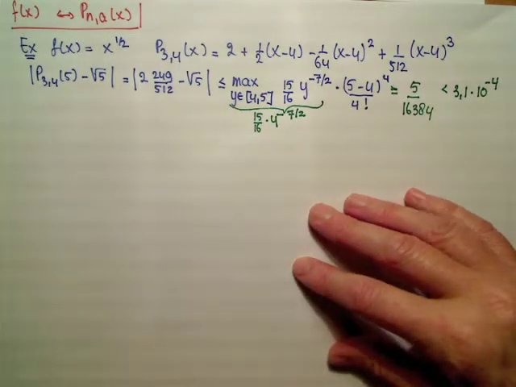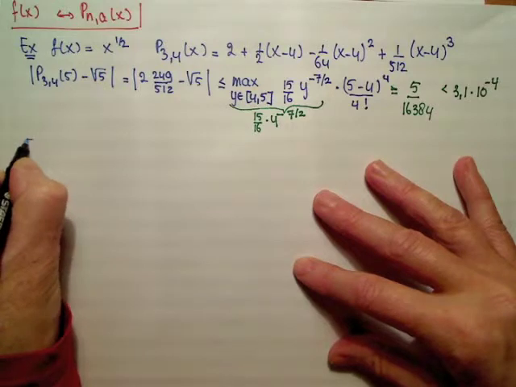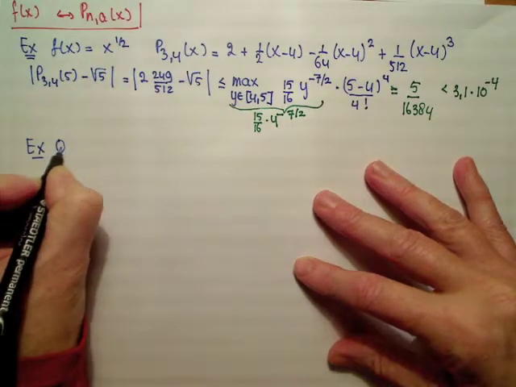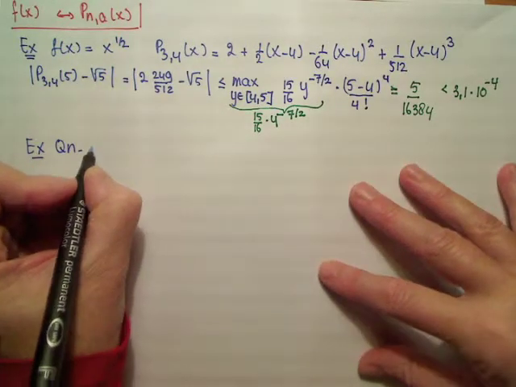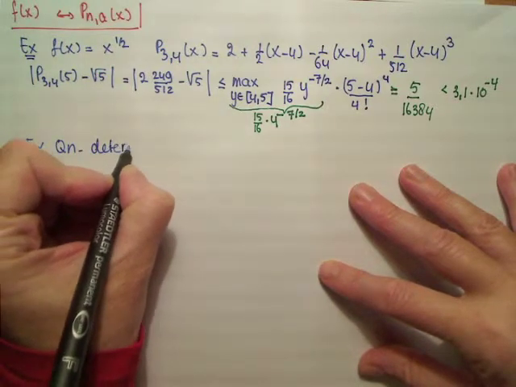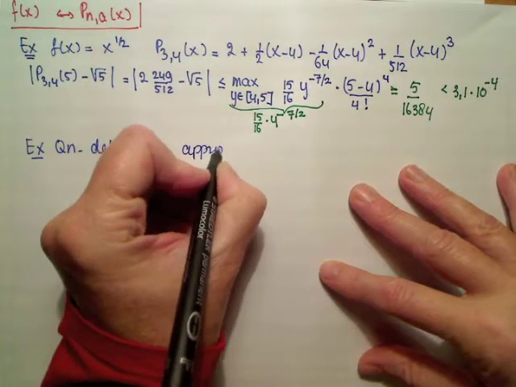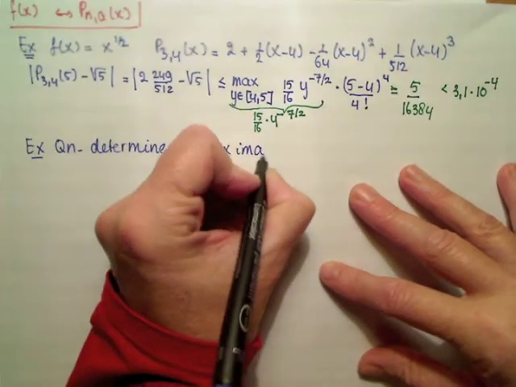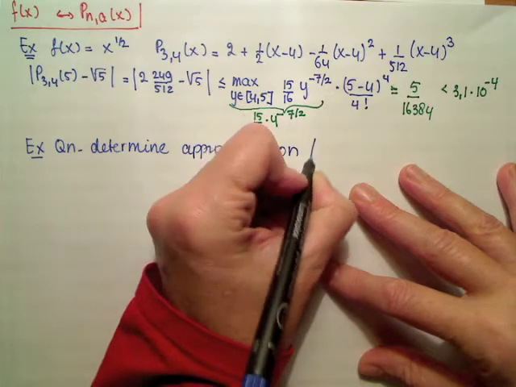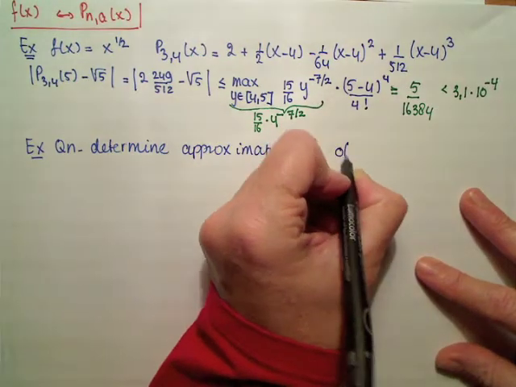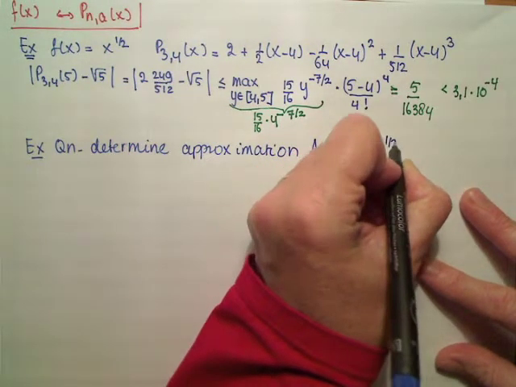So the last example that I'd like to consider is the following one, where we are asked to determine an approximation of the number 65 to the power 1 over 3.